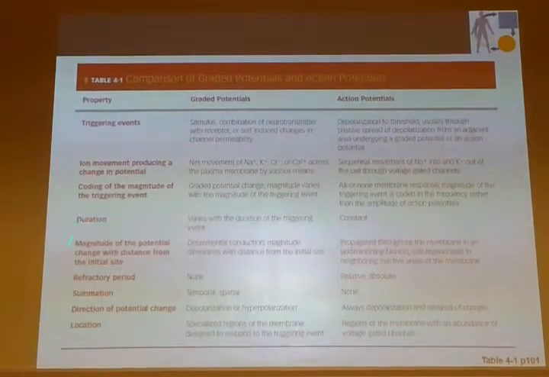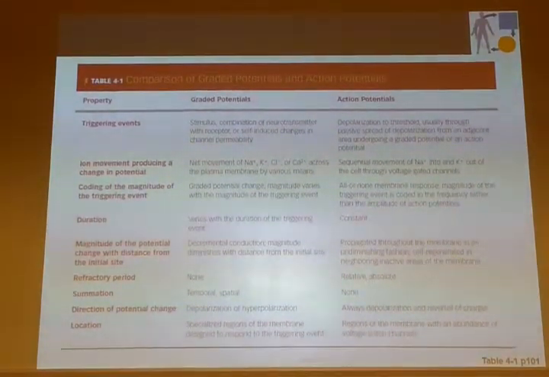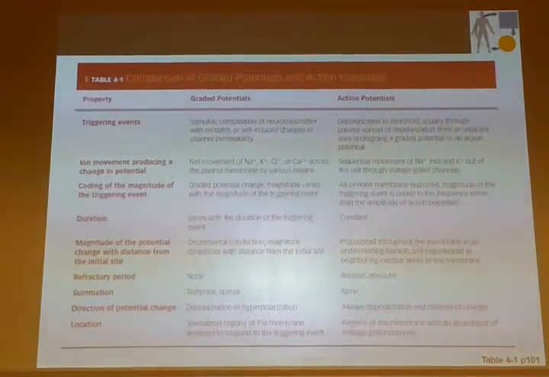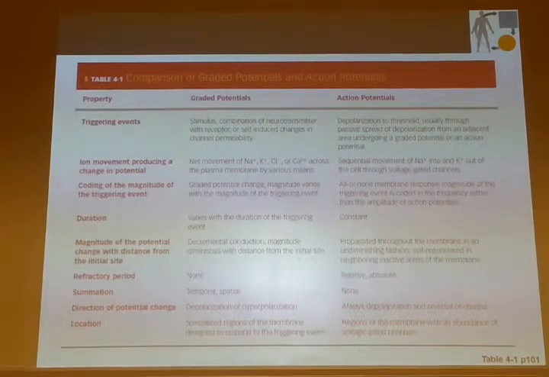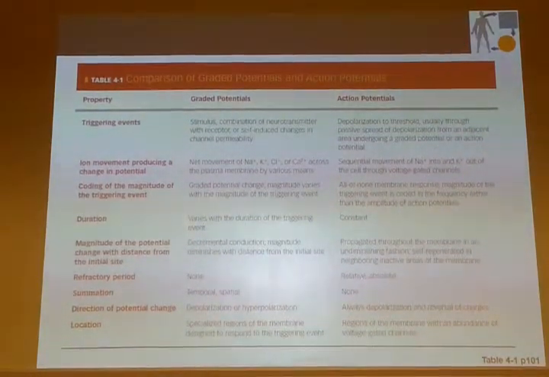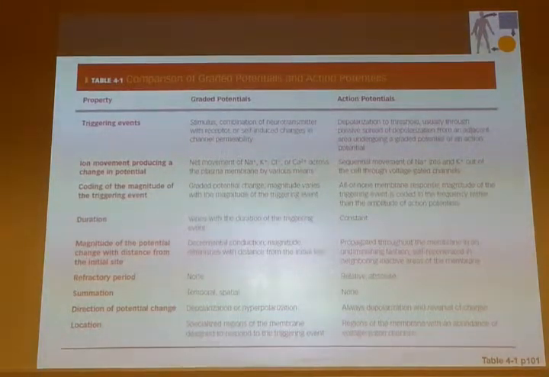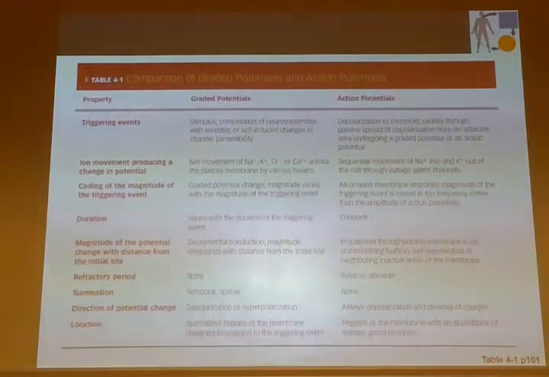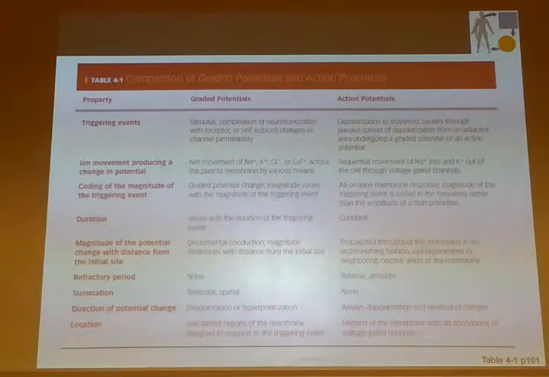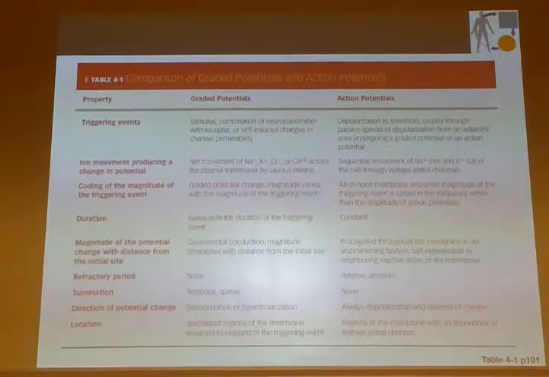The duration of the action potential will vary. You could have some neurons that have action potentials that are more stretched out. That's going to be due to how many potassium channels are opening, how fast you repolarize, other events that are going on.